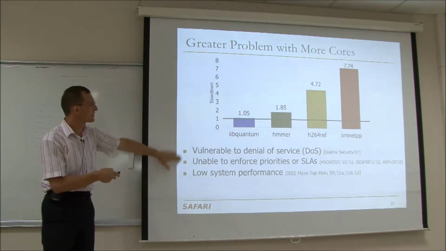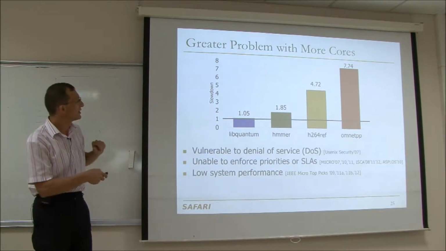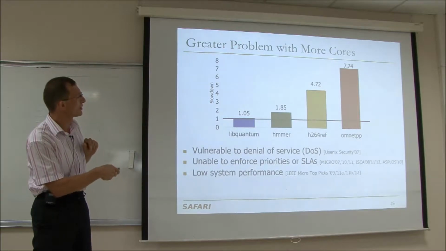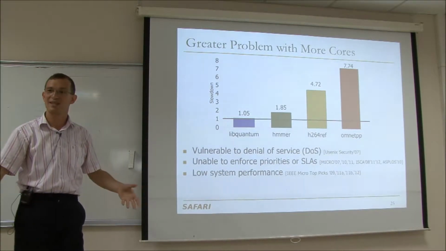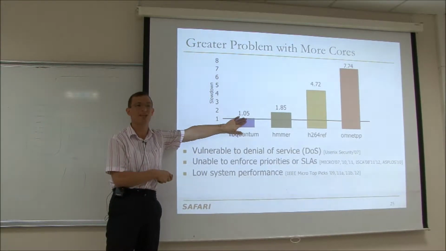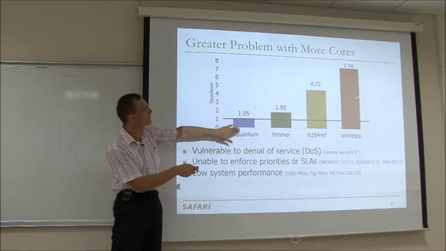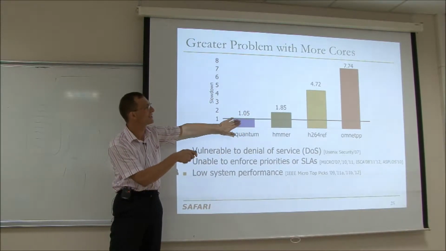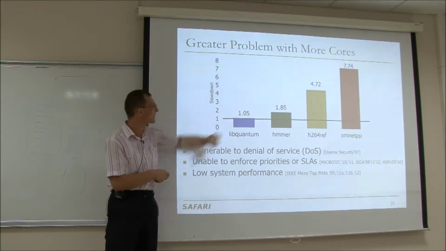Then the third problem with this is you get low system performance. Even though this core may be making progress, these other cores are making very slow progress. And in fact, this core is making very slow progress to begin with because it's very memory intensive, right? So we're actually doing the opposite thing, even if we want high system performance. We want to prioritize the threads that are memory non-intensive if you would like to get high system performance.